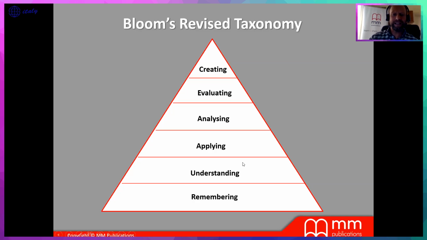So higher order thinking takes place as we move up the pyramid and start to think more about how something can be evaluated and what can stem from what we are presented with, to create something new as we reach the summit of this pyramid.